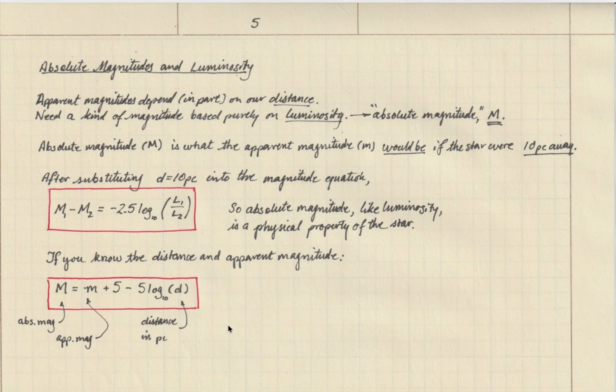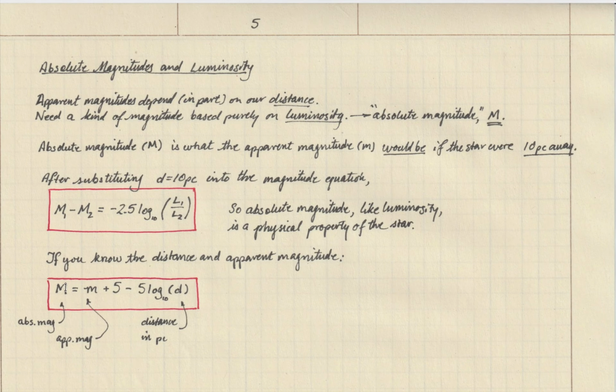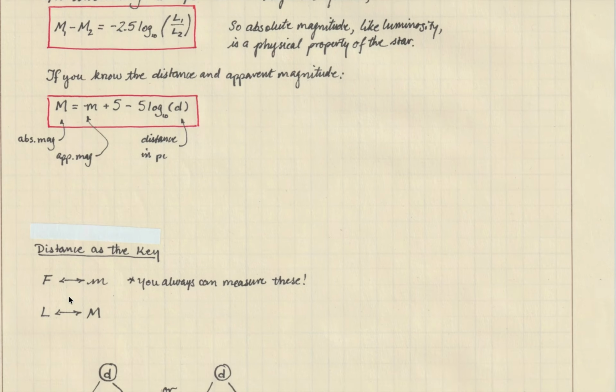If we write the distance in parsecs, and it has to be in that unit for this to work without any changes, then apparent magnitude plus 5, that depends on what units we're using for distance, but 5 here, minus 5 log of d, distance, gives us the absolute magnitude. There we go.